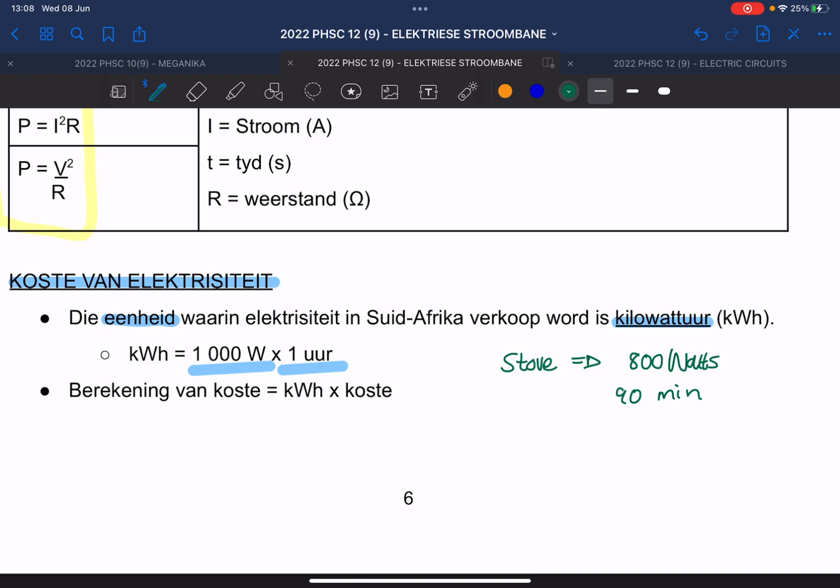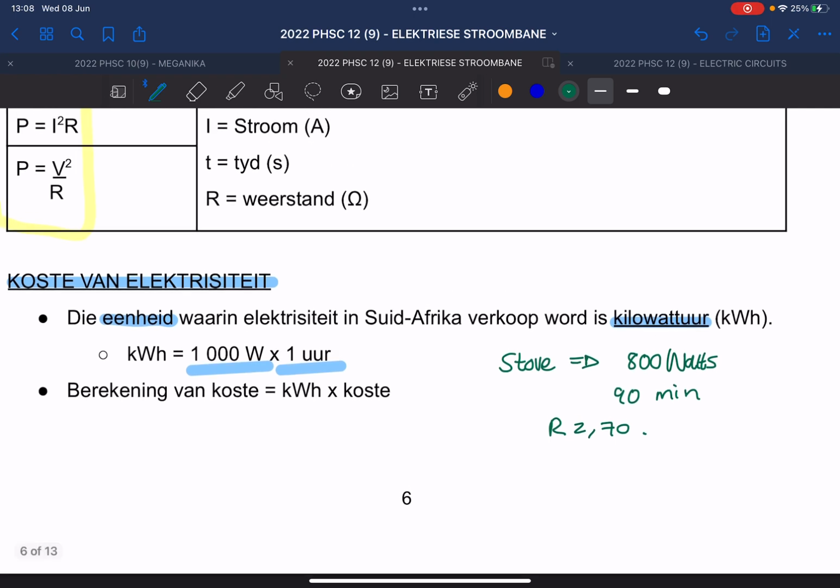And a unit in South Africa costs, it depends when you buy it, where you buy it, how you buy it. Let's say a unit costs R2.70. Okay. Right. Then I can ask you, okay, please go calculate how much it will cost for the stove to run for those 90 minutes.